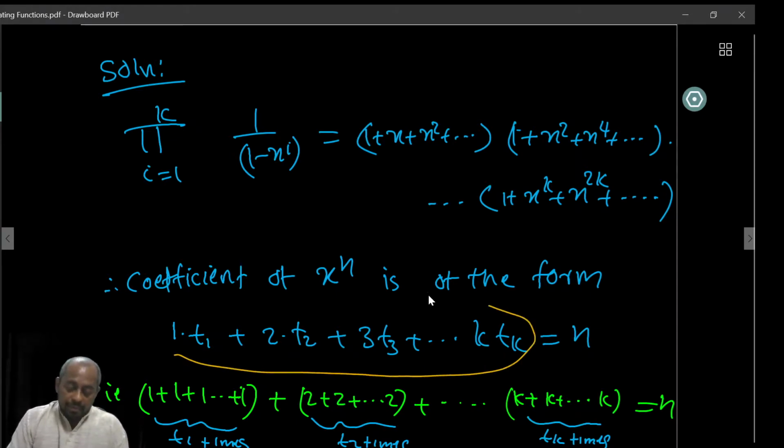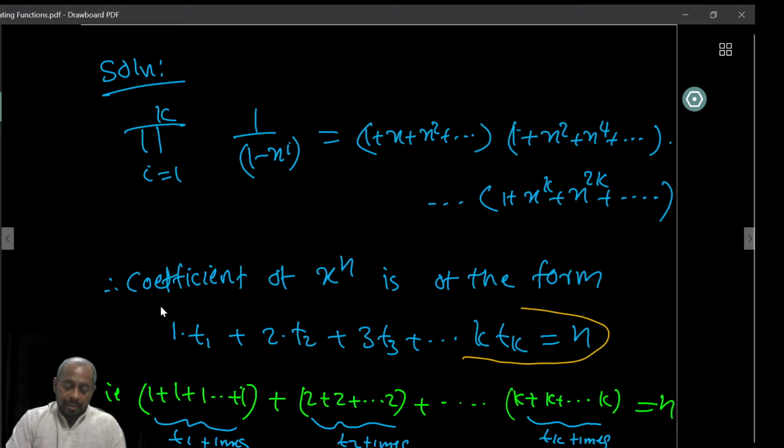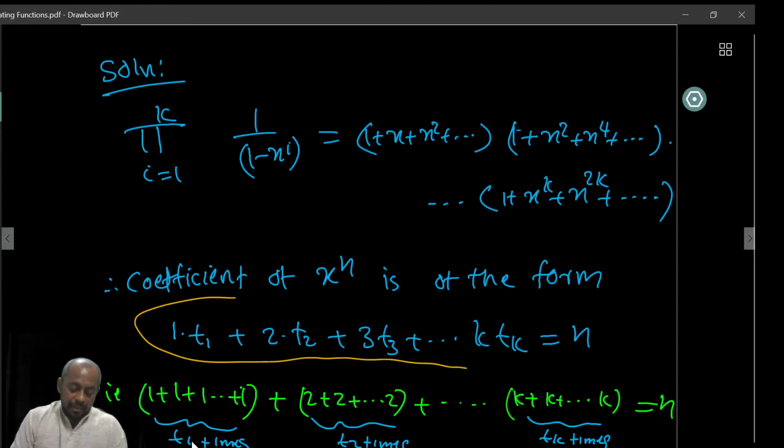But now all of this must sum to n, because we are looking at the coefficient of x raised to n, right? So the term will be coming from this type. Now, what is this actually? What is t1? t1 is basically 1 plus 1 plus 1, t1 times, right? t2 is basically 2 plus 2 plus 2, t2 times, right?